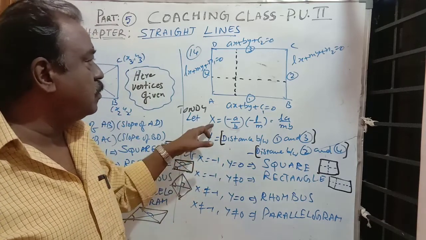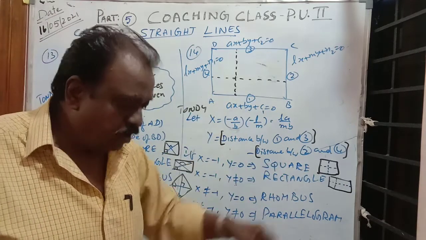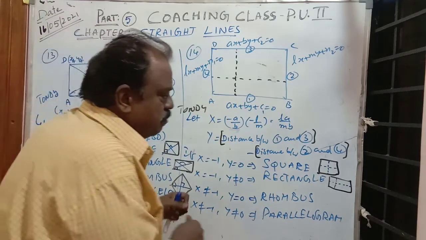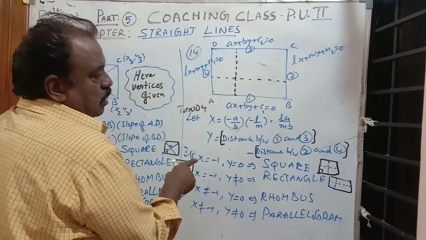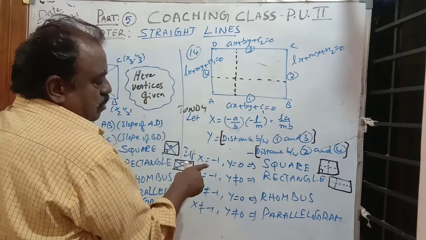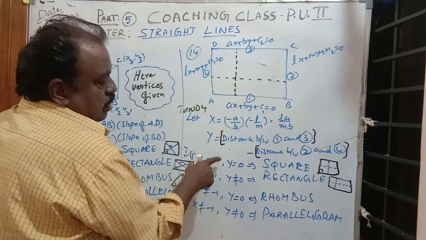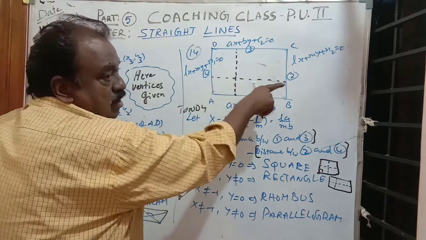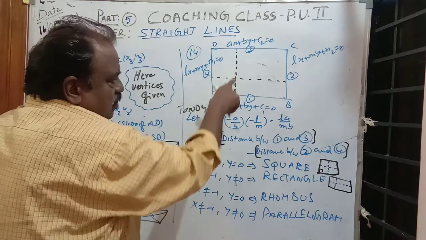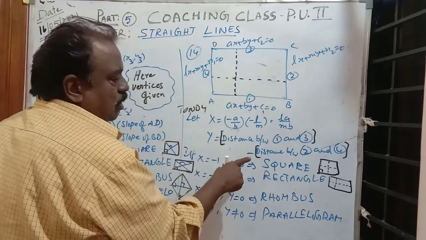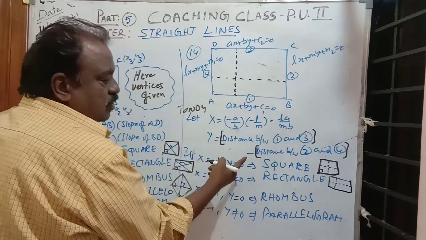Now we check it. X = -1, so AB and AD are perpendicular. That is the meaning. If the two distances are the same, then the difference is 0.